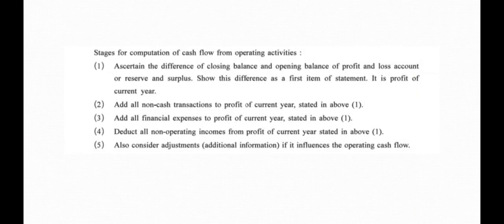Then add all financial expenses to the profit of current year, and then deduct all non-operating incomes from the profit of current year, and take or consider any adjustment if given, if it influences the operating cash flow.